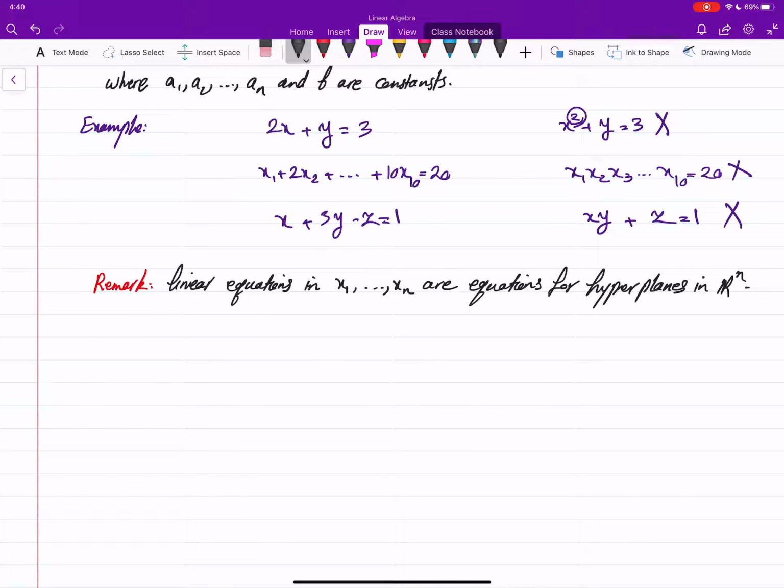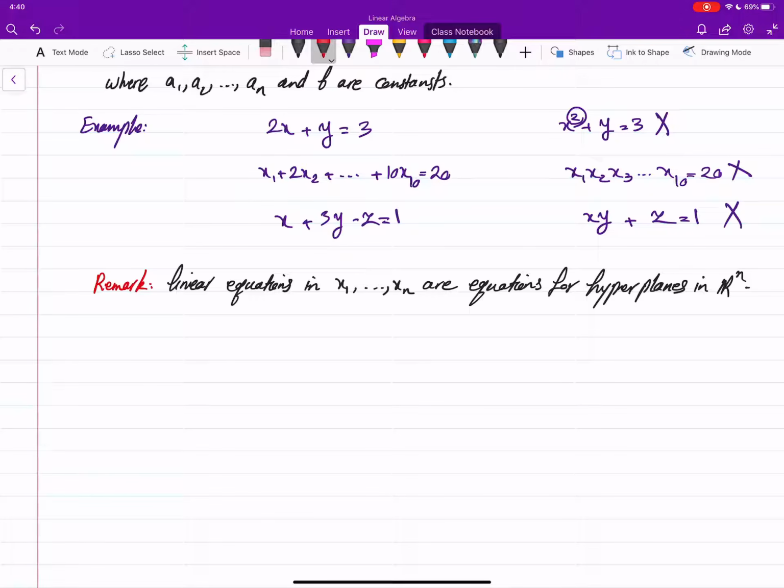So we studied these things already, and any of the equations for hyperplanes are linear equations in those variables. Okay, so that's the linear equation.